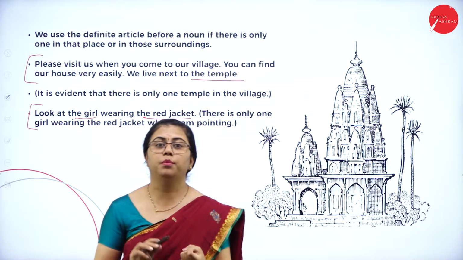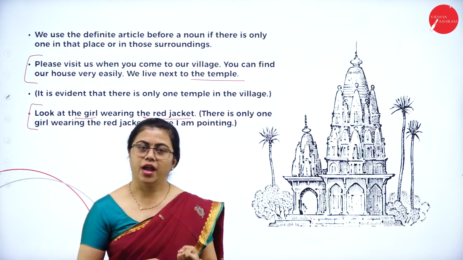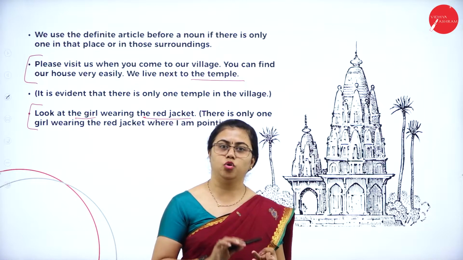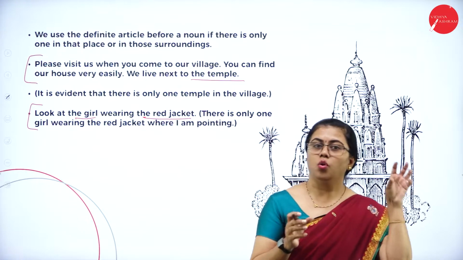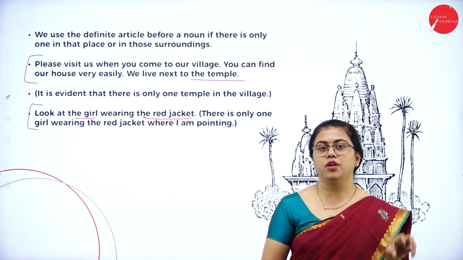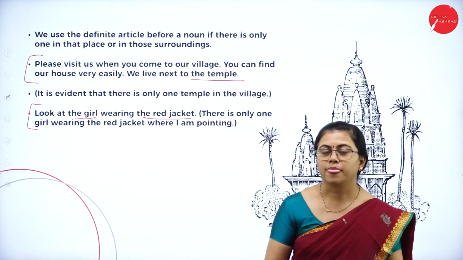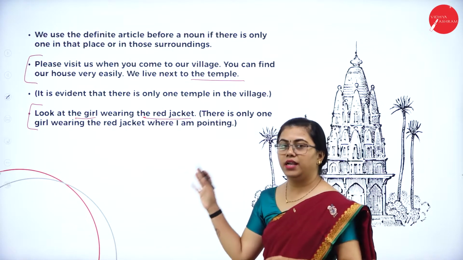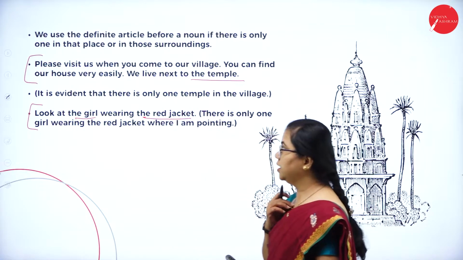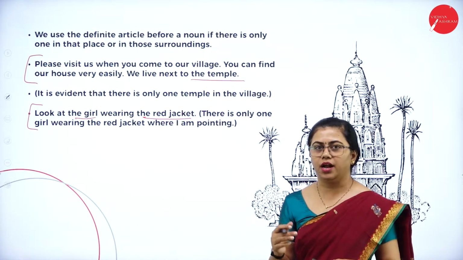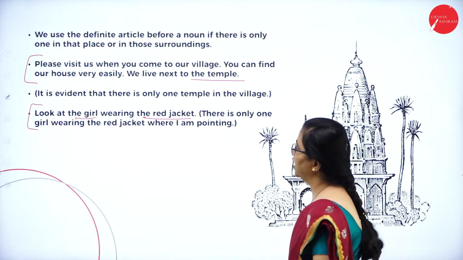I'm talking particularly about the red jacket, and I'm also talking about that only girl who is wearing that red jacket. So I'm referring to one particular color and one particular girl. That's why I have used the definite article in both places. So this is another usage of this definite article. Let's go further now.